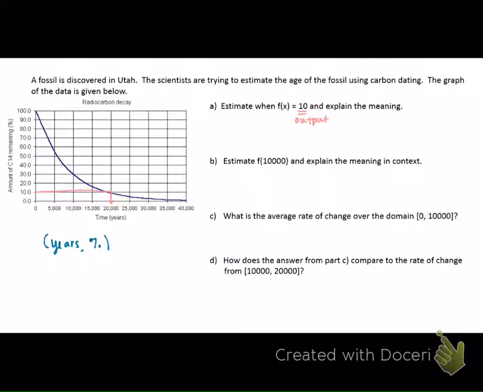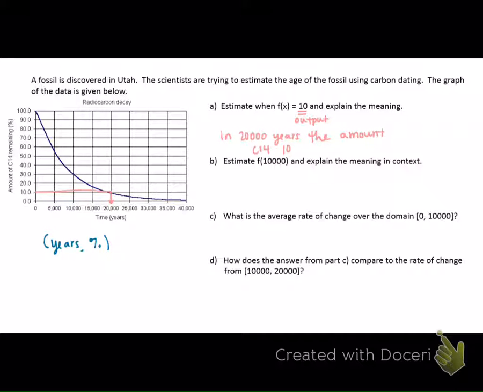And again, we have to say about 20,000. So tell me what that means in context. The amount of C14 is 10%.